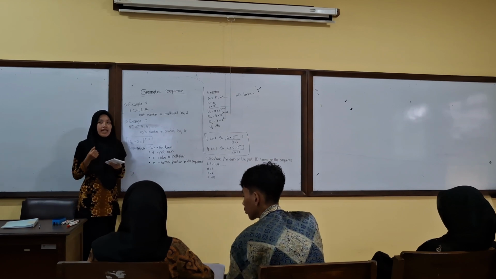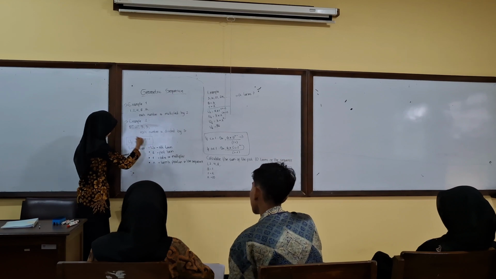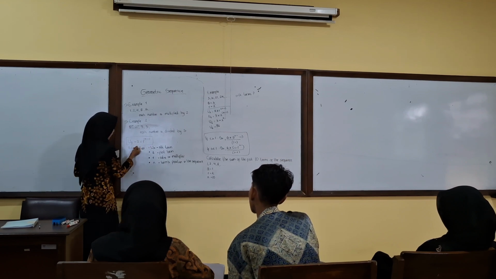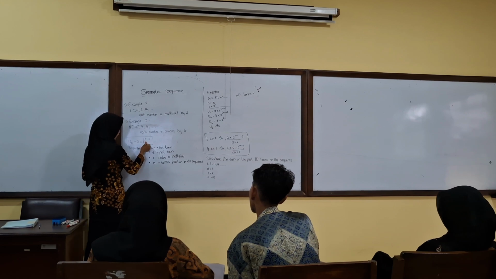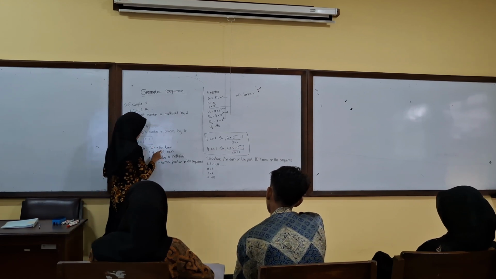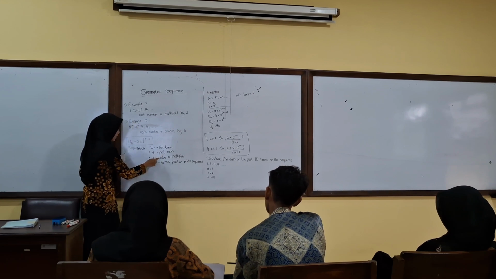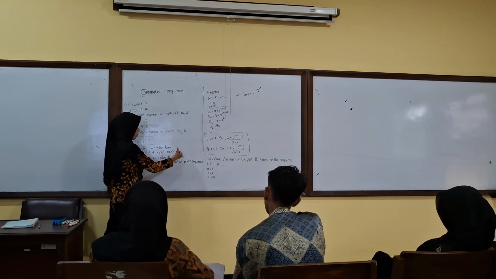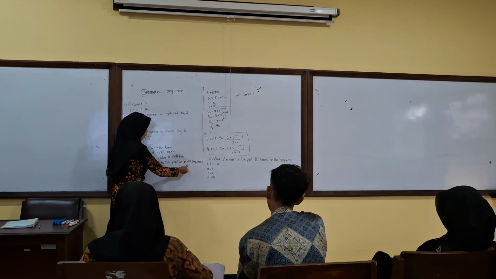To find the nth term, the formula is Un equals a times r to the power of n minus 1. Un is the nth term, a is the first term, r is the ratio or multiplier, and n is the position in the sequence.